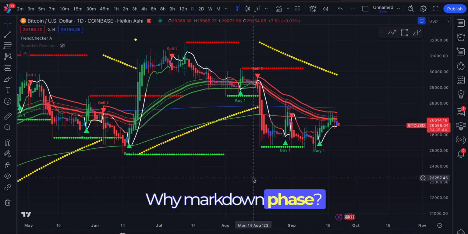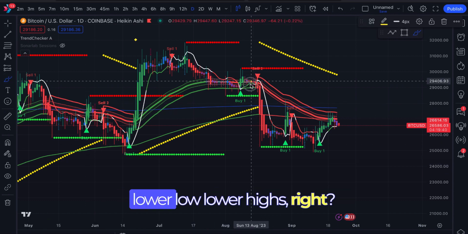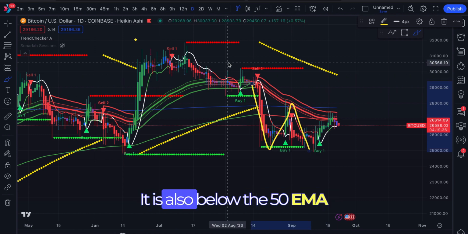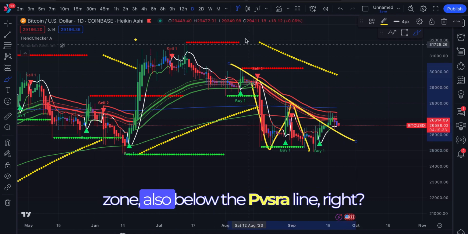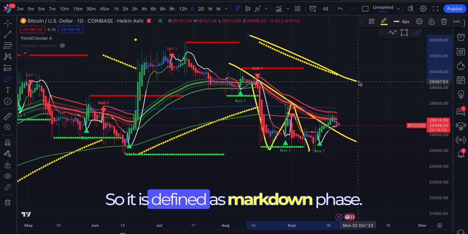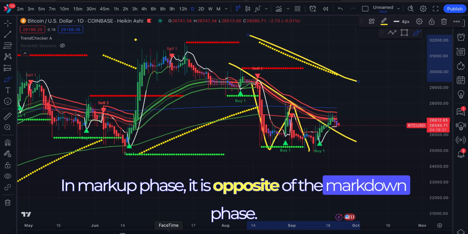Why markdown phase? Because it is clearly making lower lows and lower highs, right? It is also below the 50 EMA zone, also below the PVSRA line, right? So it is defined as a markdown phase.